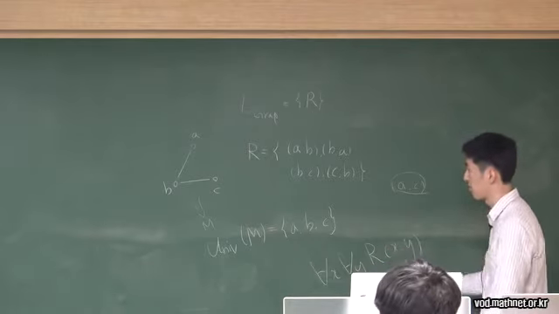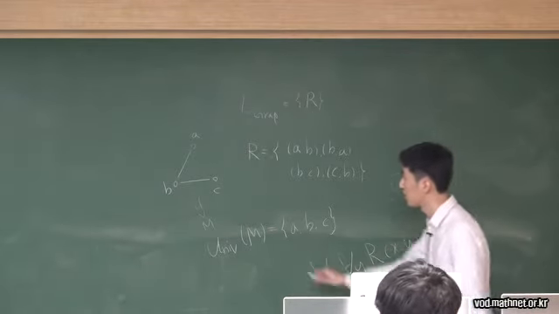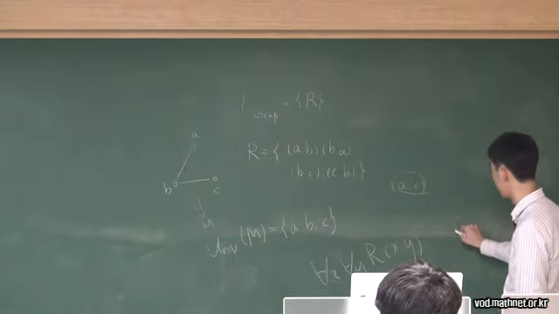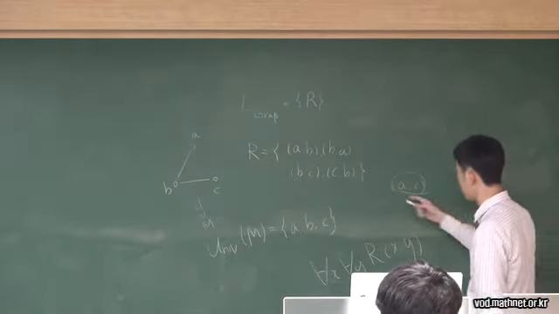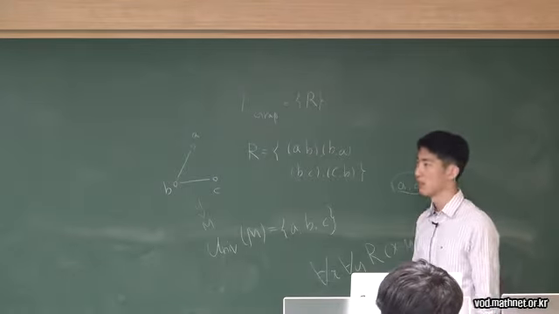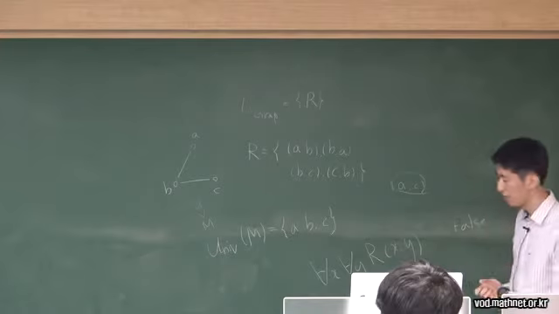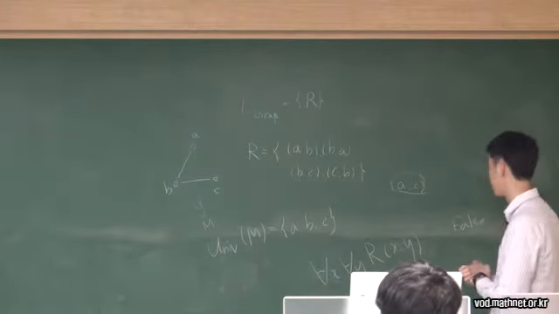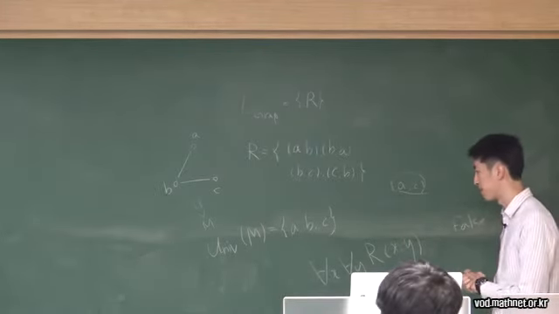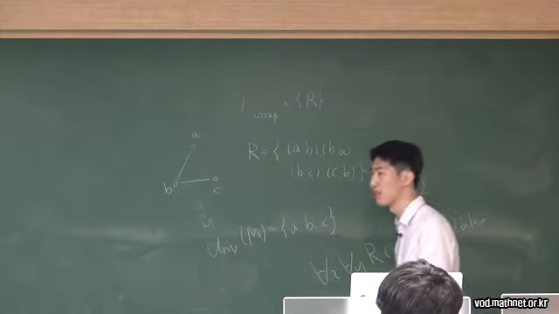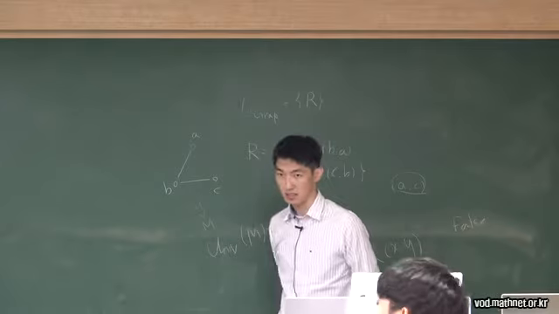This is nothing but a sentence, but in this structure, this sentence is false because A and C are not related. Definitely we have an interest in the collection of sentences which are true in a specific structure, right?